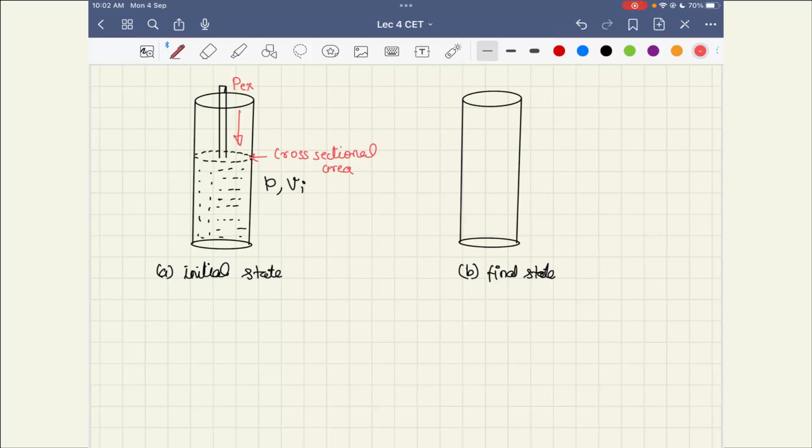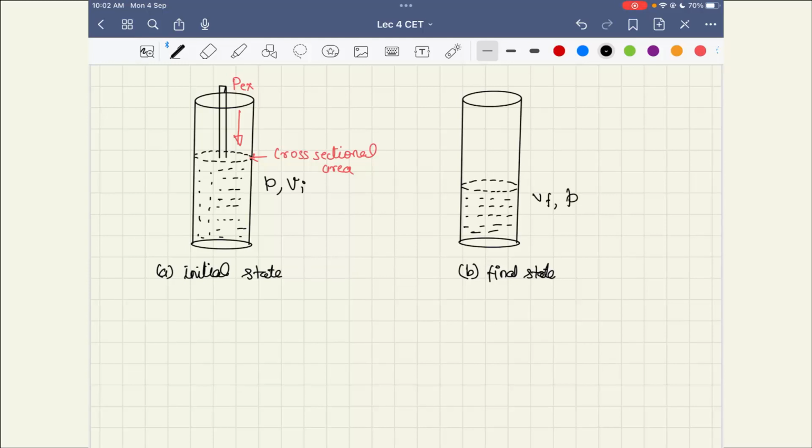And let's say, because of this external pressure, the volume of the gas decreases, right? So for example, it goes into this state. Now the volume occupied by the gas is Vf, which is less than Vi, right?